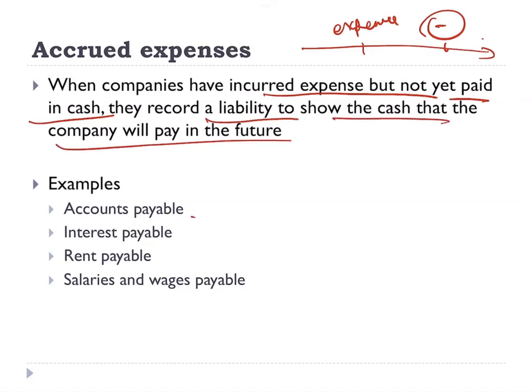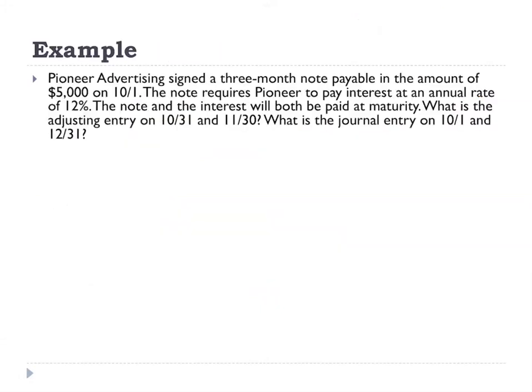And examples are just different kinds of payables. We have accounts payable, interest payable, rent payable, salary and wage payable. And here is an example. Please take five minutes, try to read this example and write out the journal entries on your own. And you can pause your video for now.